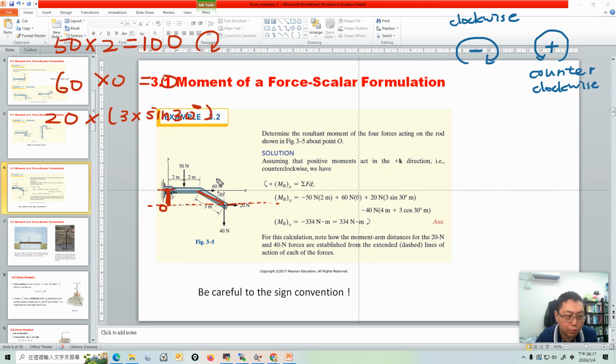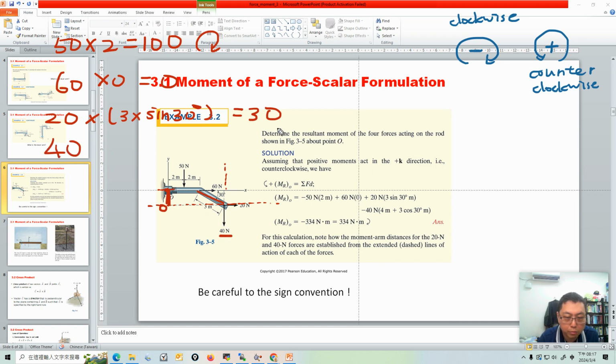So it's 1.5, times 20. I think it's 30 something.